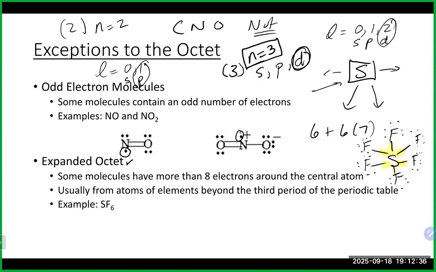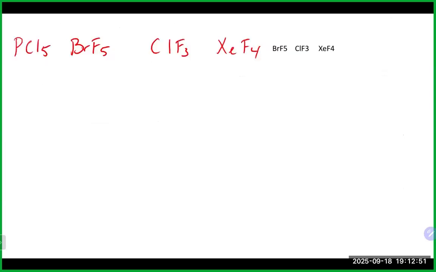You will also see some noble gases being able to do that in some Lewis structures that you'll be asked to draw. We can go over that again, the ones with sulfur and below on the periodic table. So why don't you take a few minutes here and draw up these probable expanded octets and see what you get for your Lewis structures here.